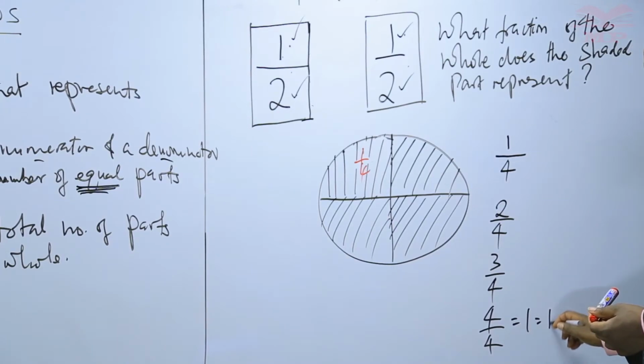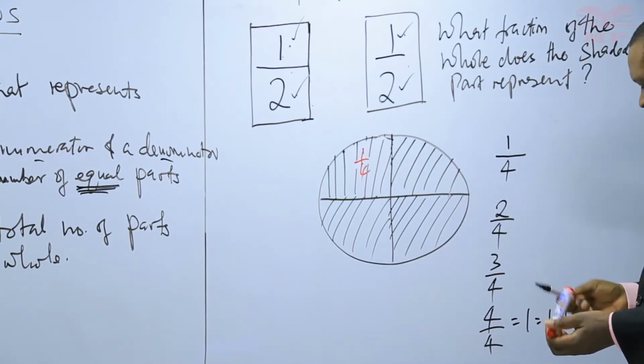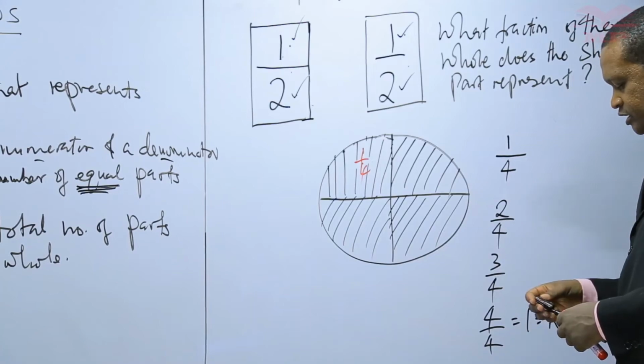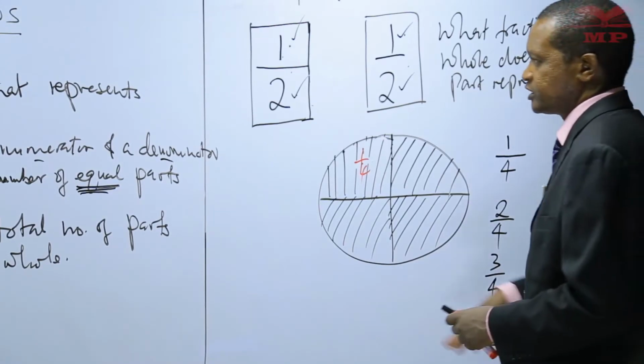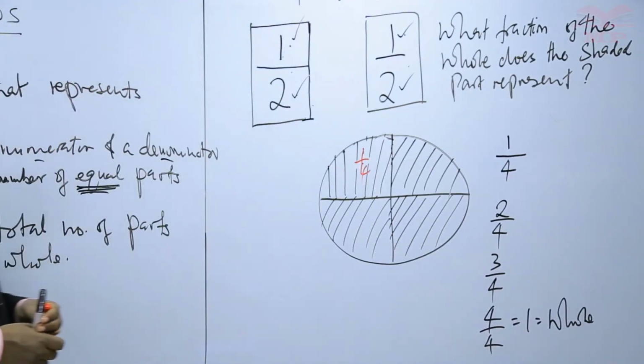It's equal to the whole. The whole parts have been shaded. So that is what we learned in our previous studies, just to remind you on the unit on fractions.